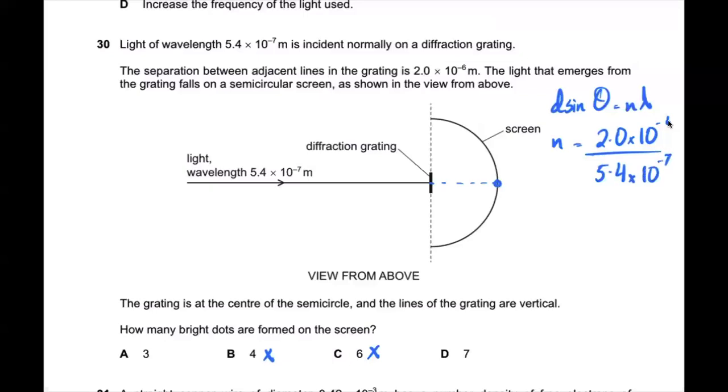Remember, whatever answer you get, you are going to round this down, for reasons we have discussed time and again before. 2 into 10 to the negative 6 over 5.4 into 10 to the negative 7 turns out to be 3.7. Rounding down, this makes it 3. So 3 on each side. So 1, 2, 3, 1, 2, 3, and the one in the middle. So 2 times 3 plus 1 is 7.